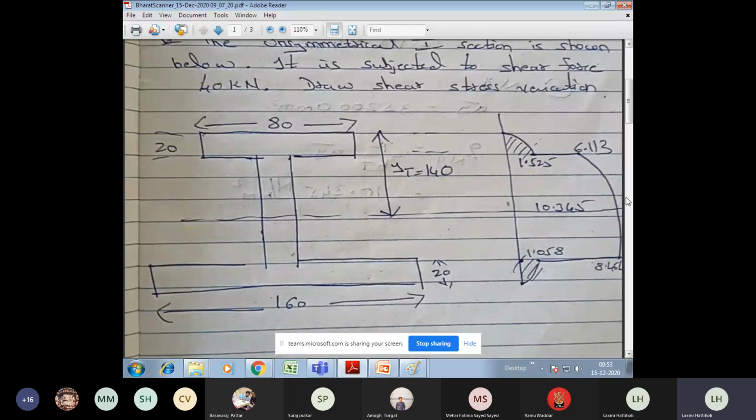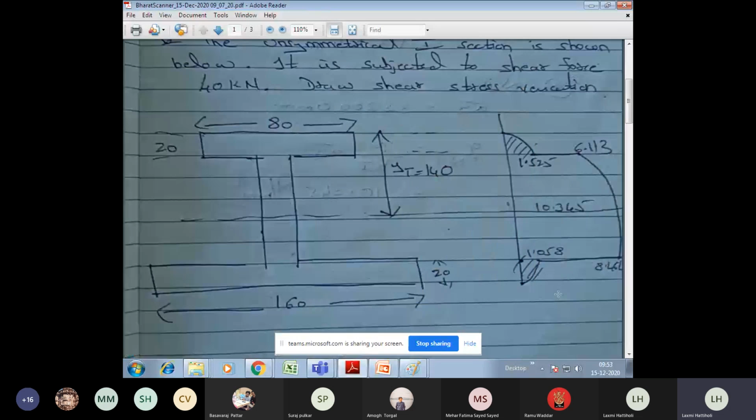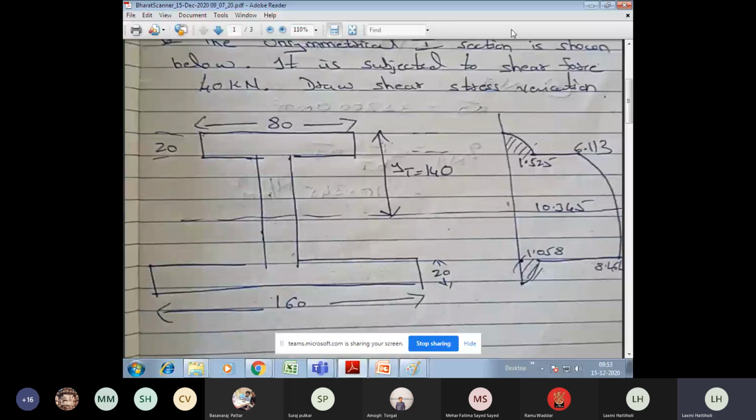So first draw the baseline, then go on marking the points. Project the lines and then draw it. At Q1 this is 0. At Q7 this is 0.